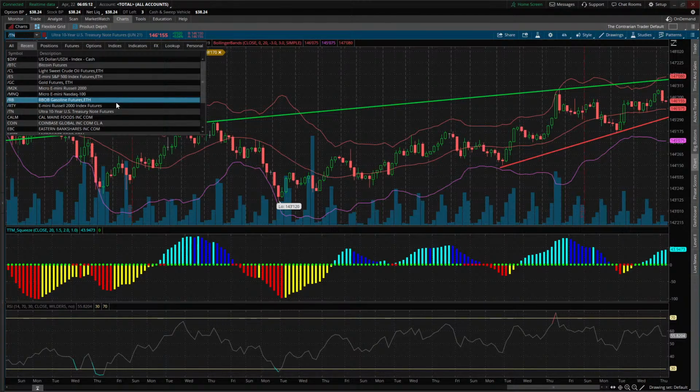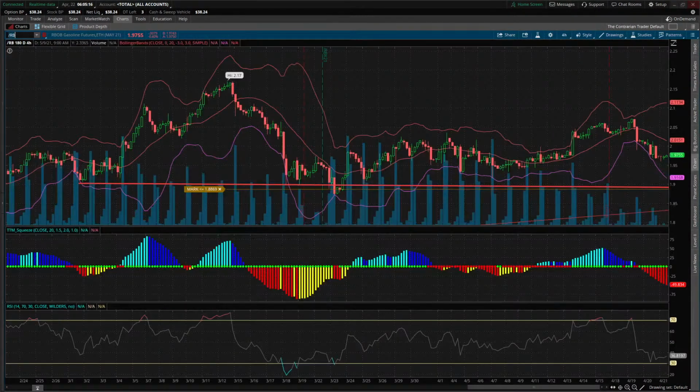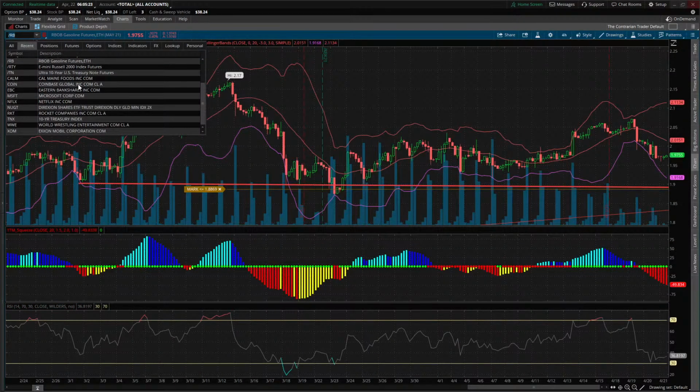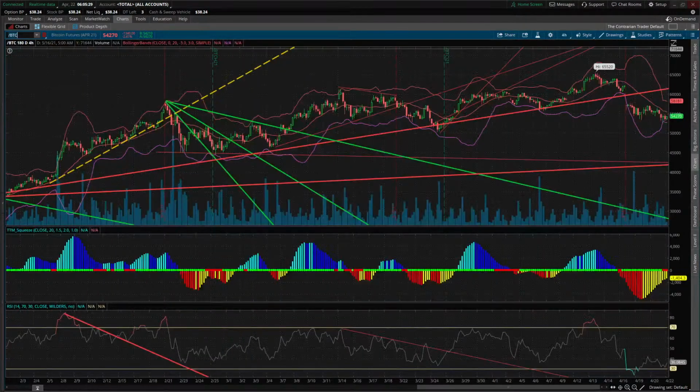Gasoline was looking good the other day, but it rolled over. We'll be watching this. Bitcoin, wow, down another 1340 this morning.